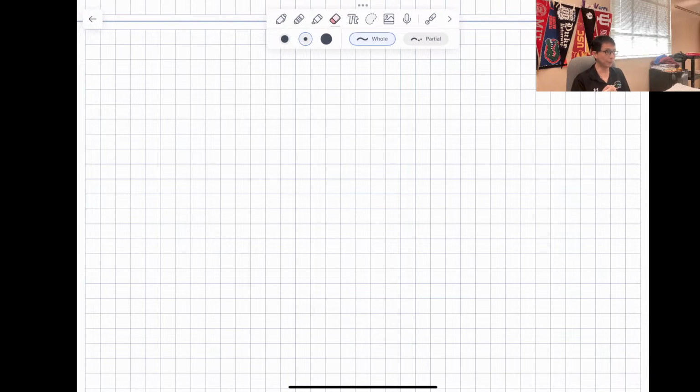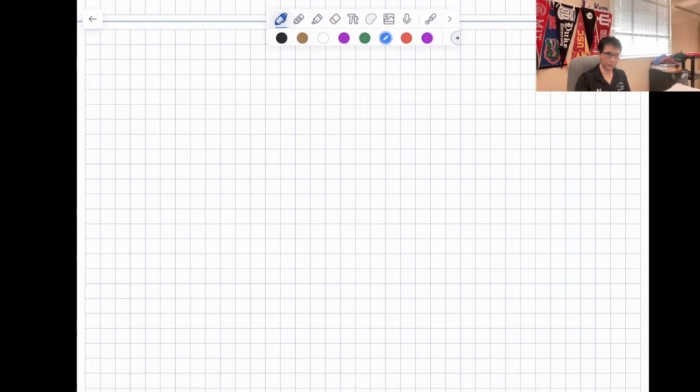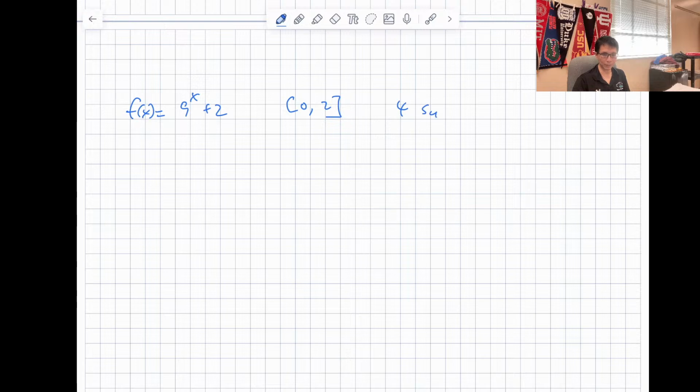For example, say I have f of x equal to 9 to the x plus 2, from 0 to 2, with 4 subintervals. I think we talked about this last time. Are they over or under?